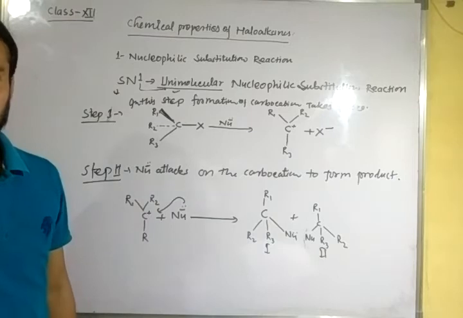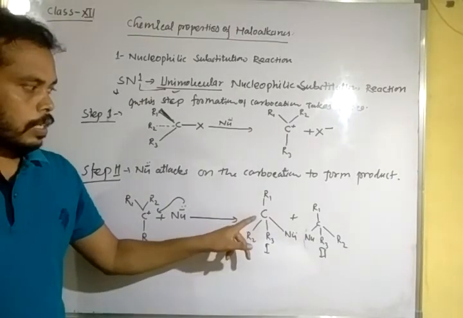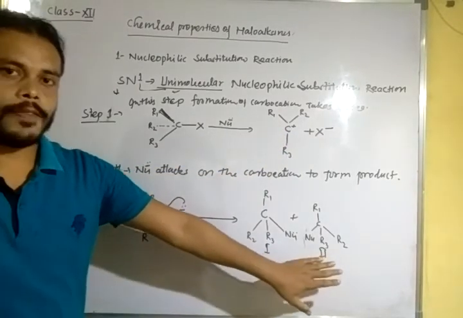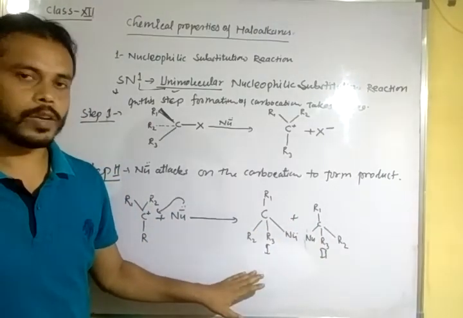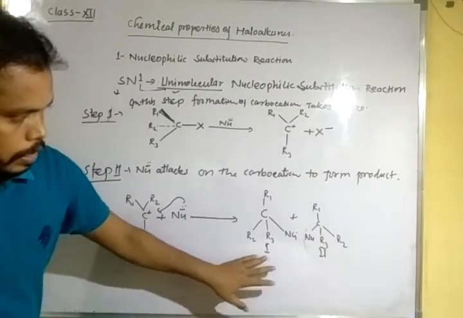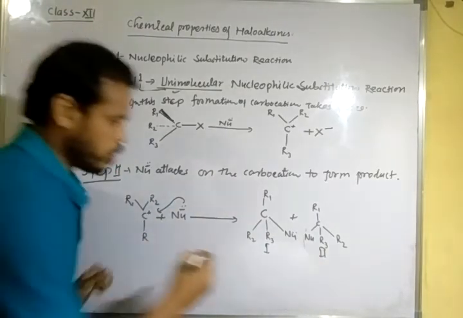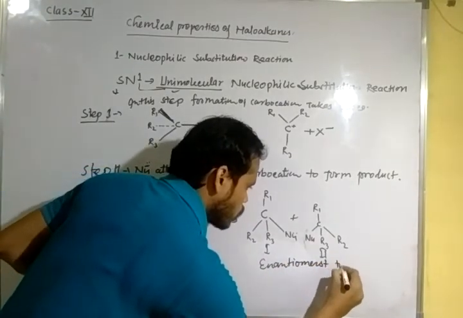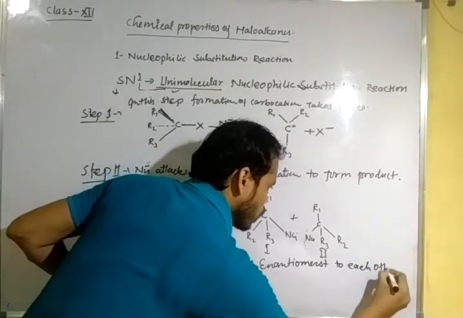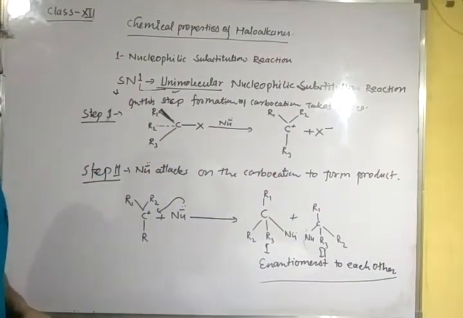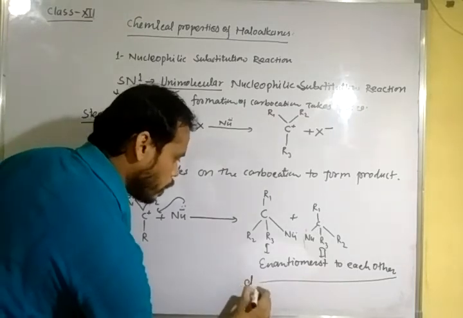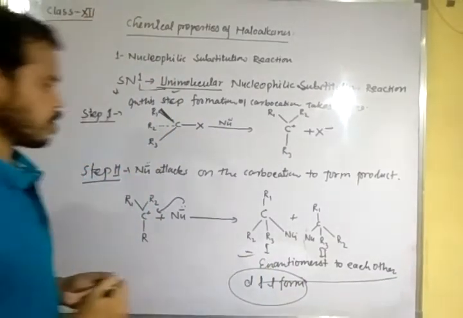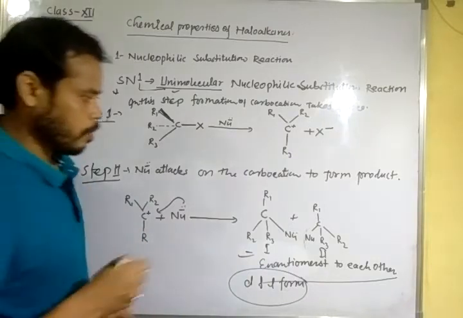Because the carbocation is planar, it will give a mixture of D and L forms of the haloalkane, so they are enantiomers of each other.